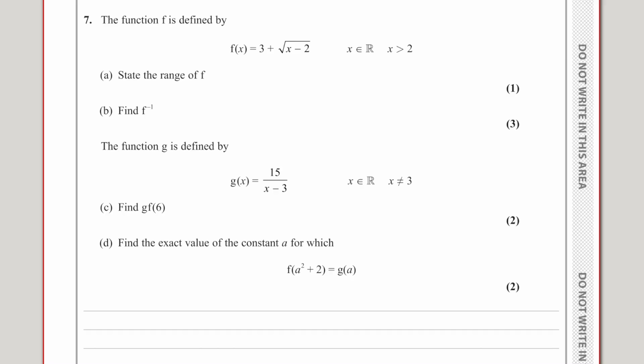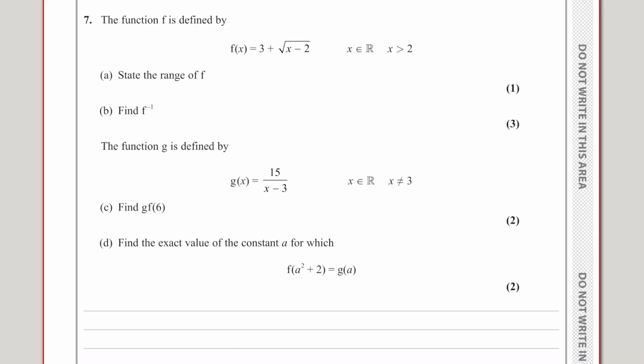Question 7. The function f is defined by f of x equals 3 plus the square root of x minus 2, where x is from the set of real numbers and x is greater than 2. State the range of f.